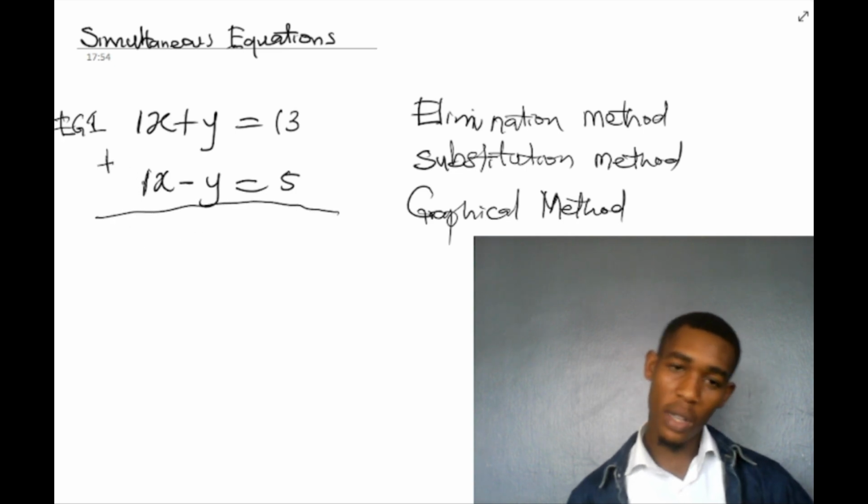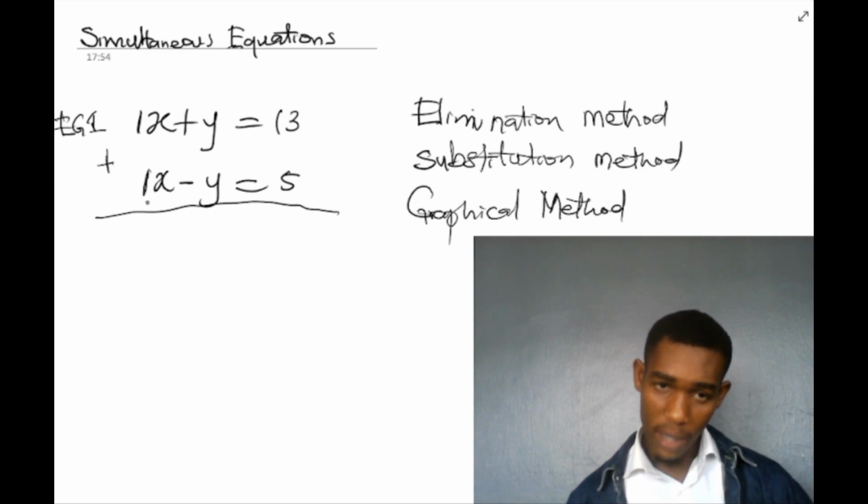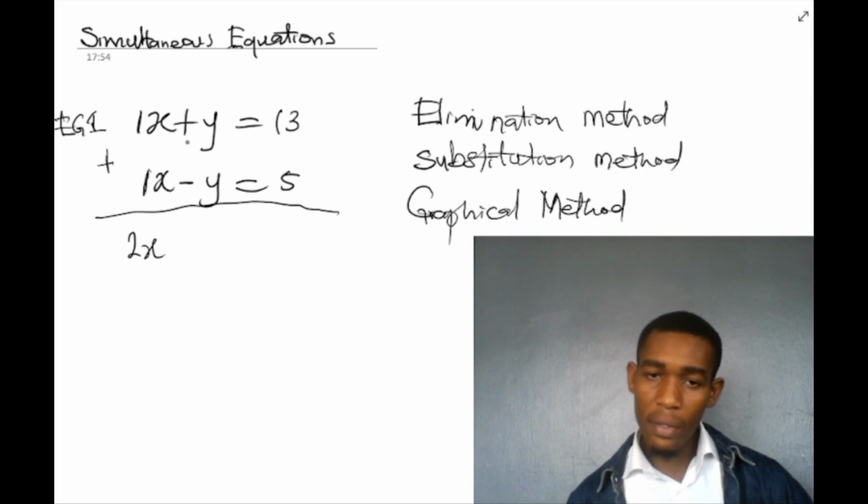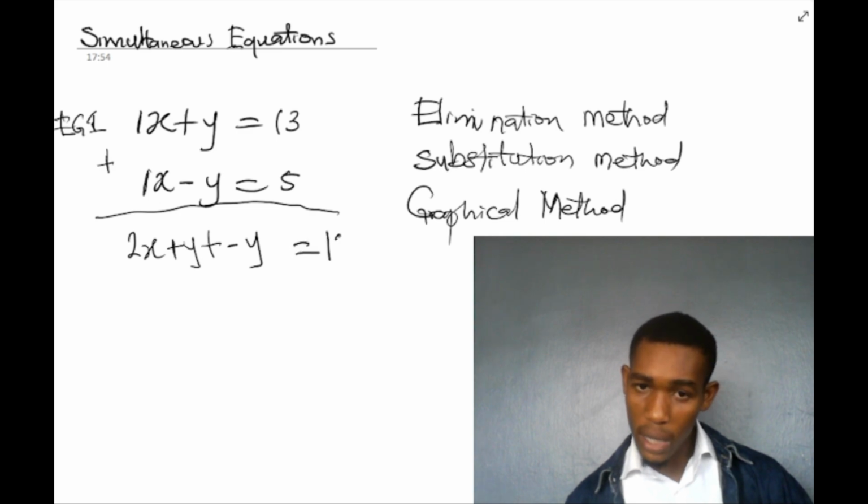I have x plus x, so I have 2x, and then I have y plus minus y, equal to 13 plus 5.